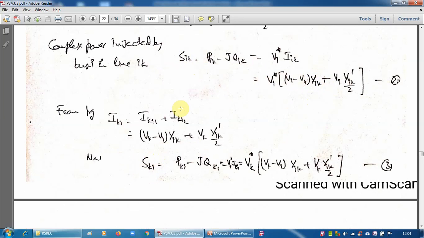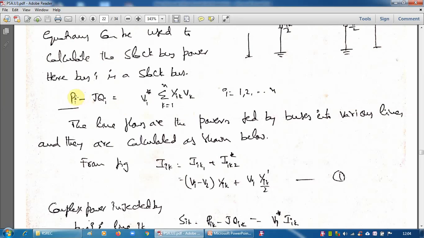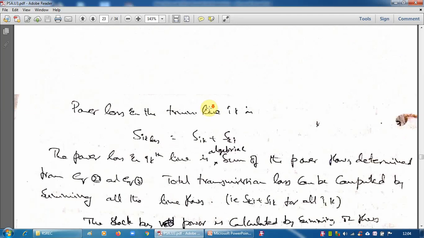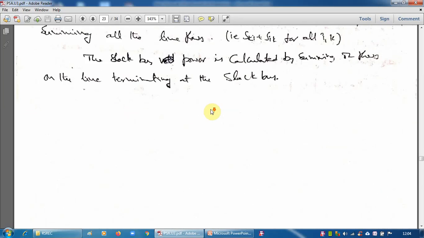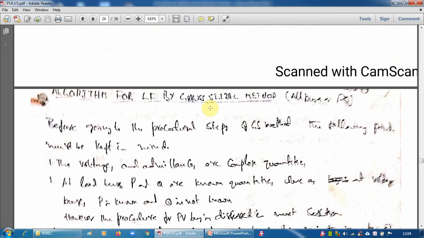Once all the power flows are obtained, lastly calculate the slack bus power using this equation. If the slack bus is say bus 2, then P2 minus jQ2, right. So like that all quantities are determined using the Gauss-Seidel method.